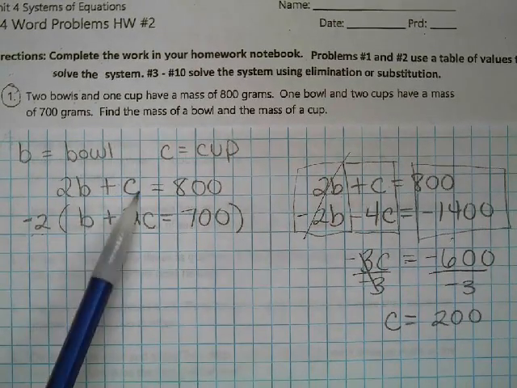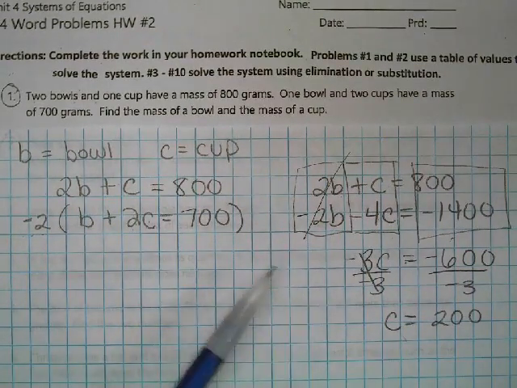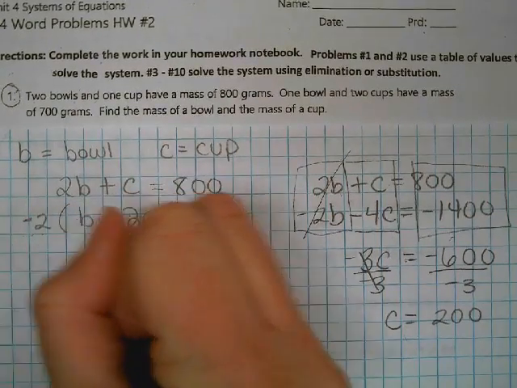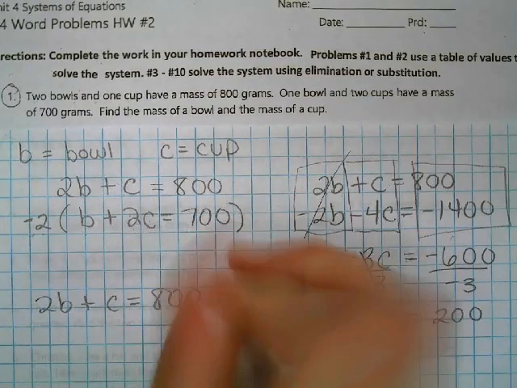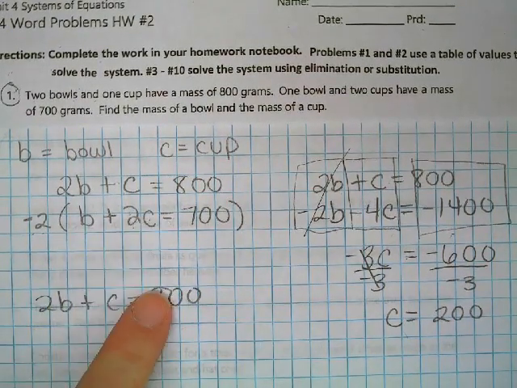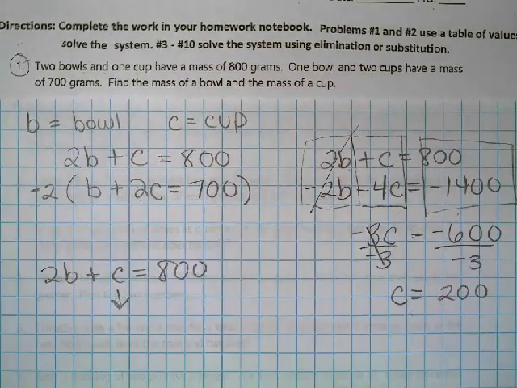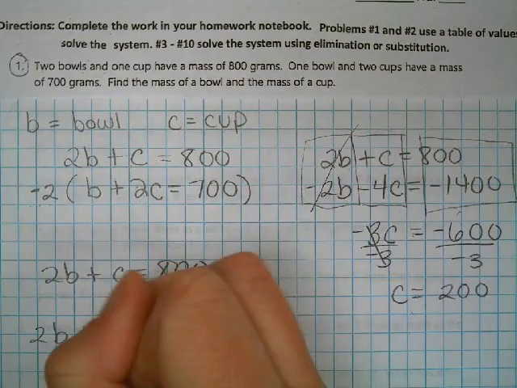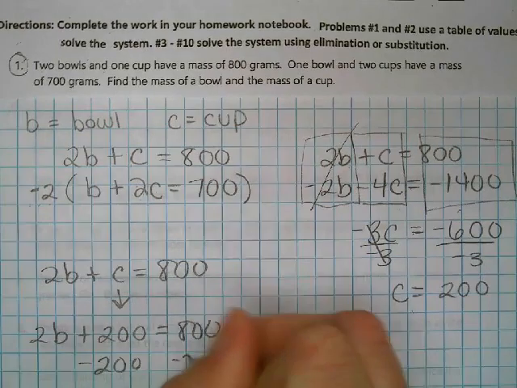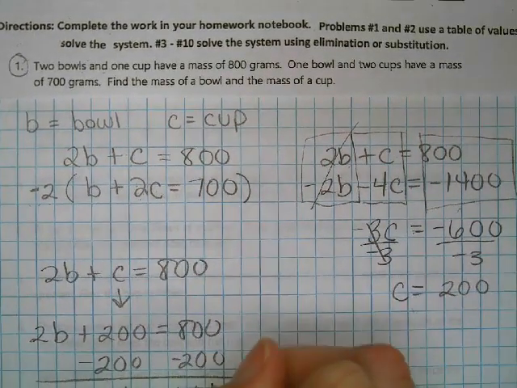Then I could pick either equation to solve for B. So I'm going to substitute in C and solve for B. I'm just going to use the first equation that I have, this 2B plus C equals 800. I'm just going to write it down again, and I'm going to substitute in 200 for C. If I subtract 200 from both sides, I get 2B equals 600.